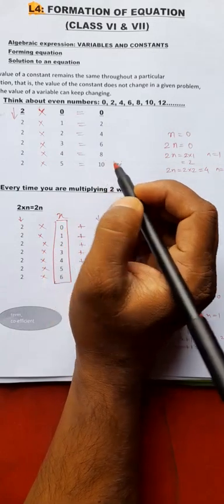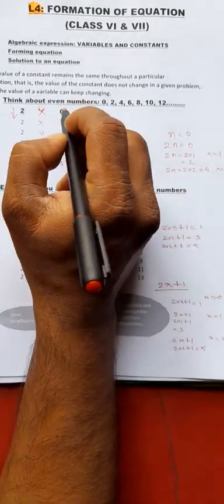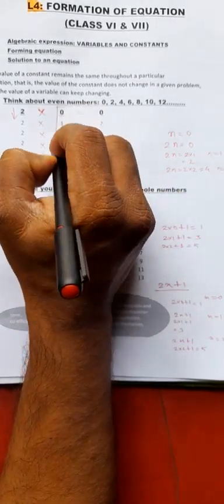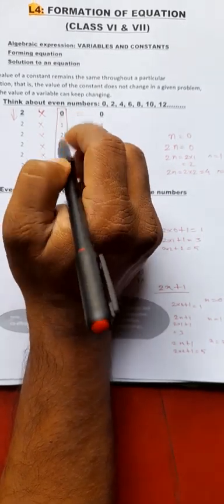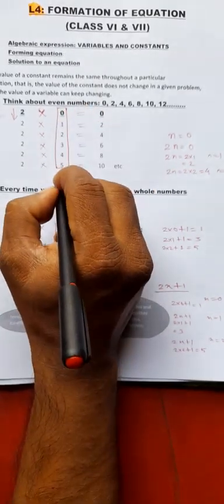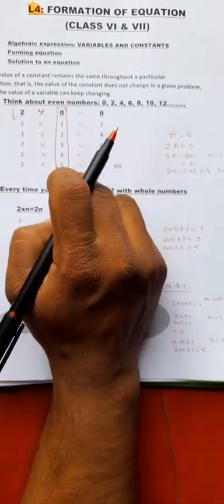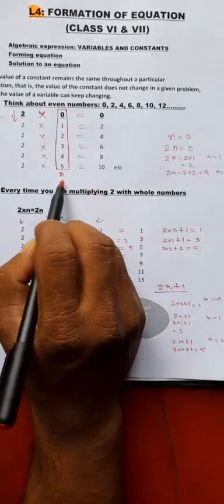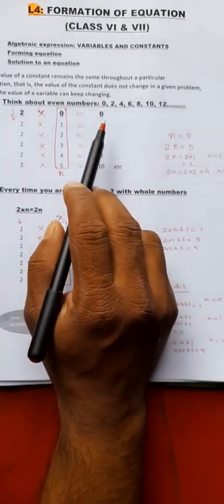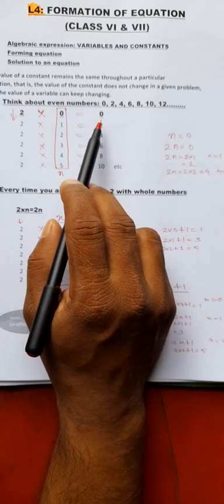So if you generalize this second column with a symbol, say for example n, we generalize this series with the symbol n. That means every time you are multiplying n with 2 to obtain an even number.